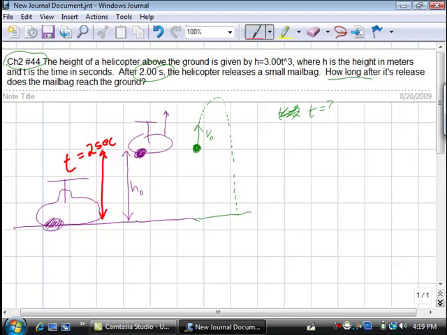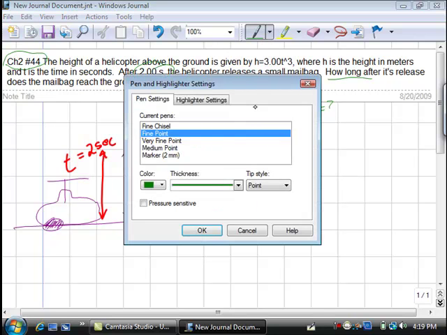So now let's go back to our small pen here. Now let's do the equations in a different color too. Let's pick this pink.